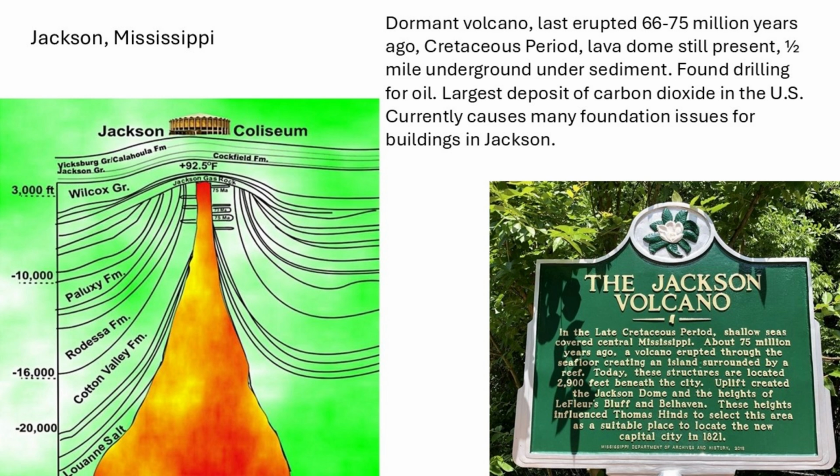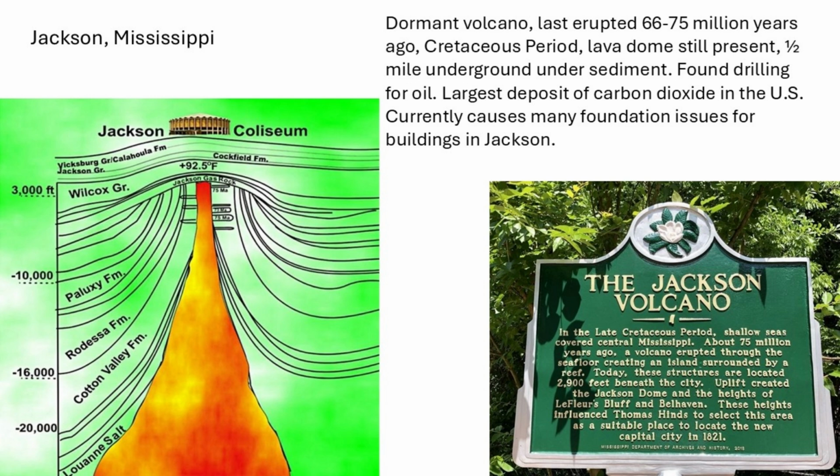And some of those ancient volcanoes, although they're buried with huge amounts of sediment, half a mile or more buried underground, are still having magma go up and down the conduit pipes.